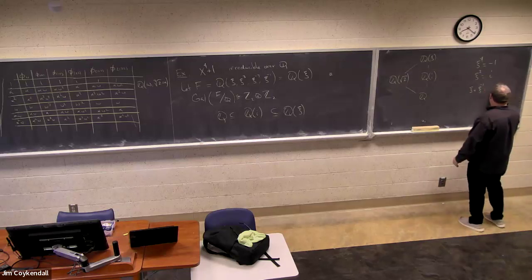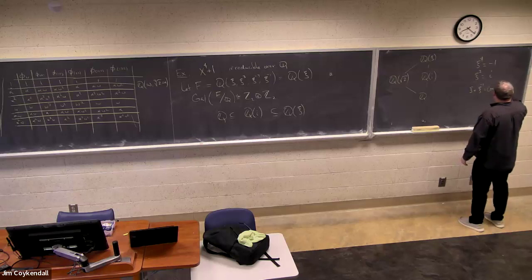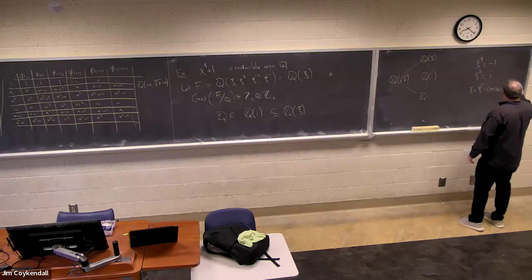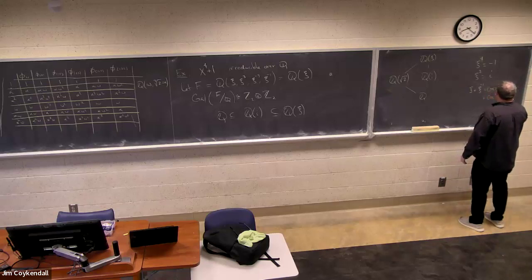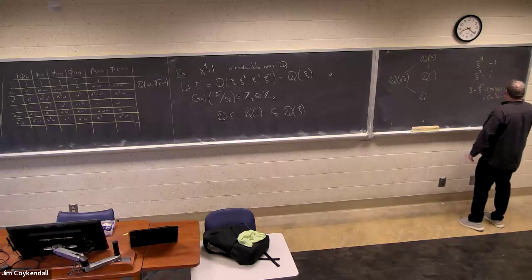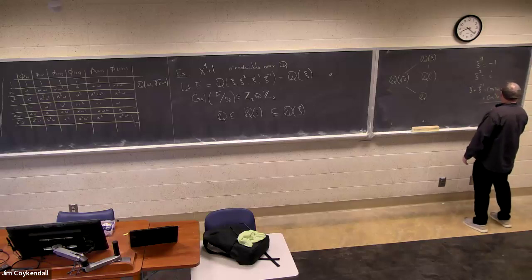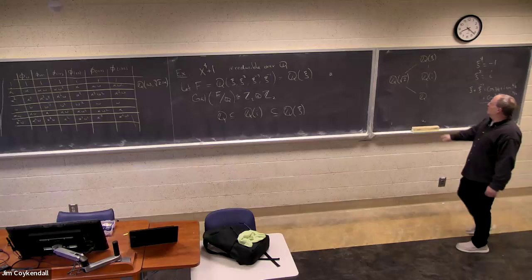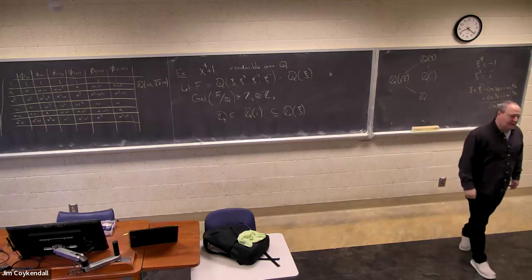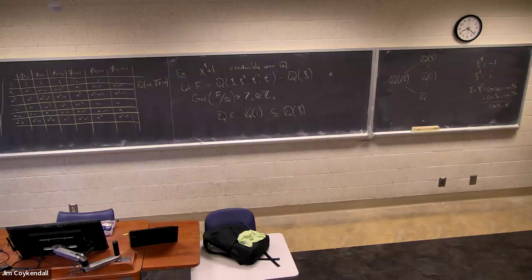This is the real part: cosine pi over 4 plus i sine pi over 4 plus cosine pi over 4 minus i sine pi over 4. And this is 2 cosine pi over 4, which is radical 2. That's another intermediate field. And yes, there's actually another one: square root of minus 2. That's right.